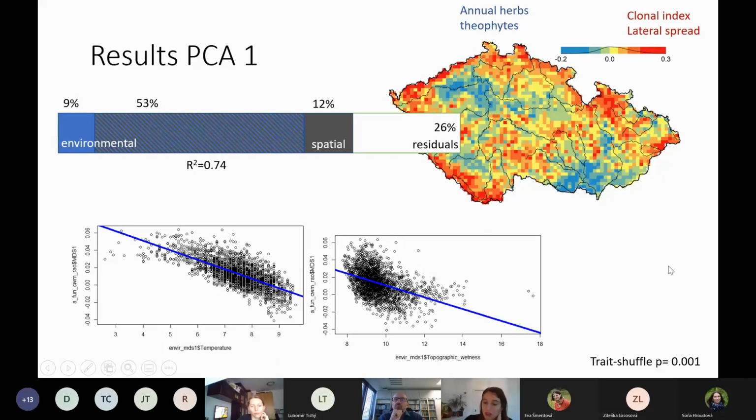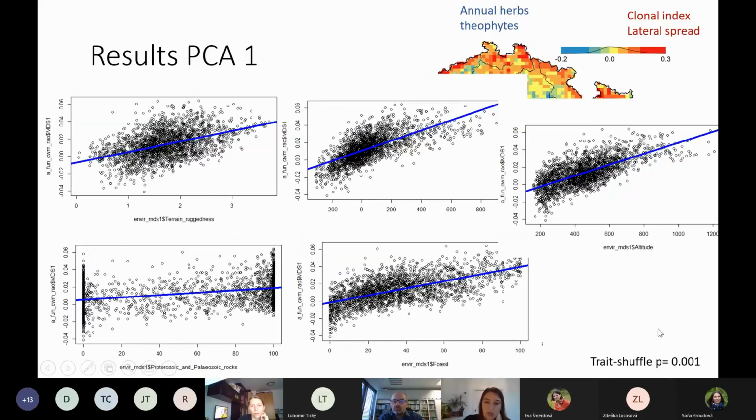Topographic wetness is also negatively related, and terrain ruggedness is positively related. Here would be the clonal index, and here would be the annual herbs and pterophytes.